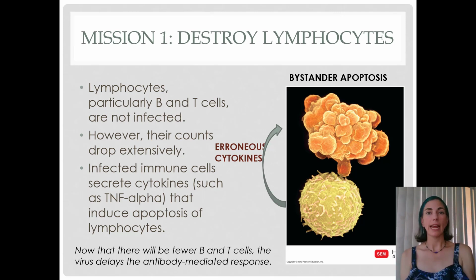And so it induces apoptosis. And what that does is bring the B and T cell counts really low early in the infection so that you don't mount an acquired immune response right away. And of course, that's going to help the virus replicate over and over and over again without fear of being caught.